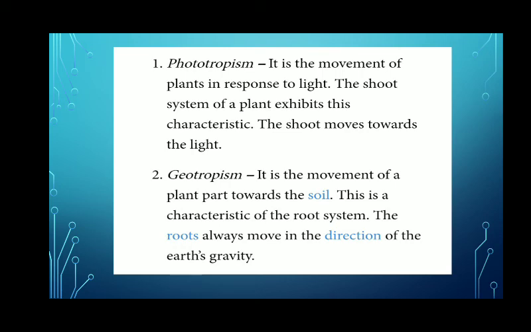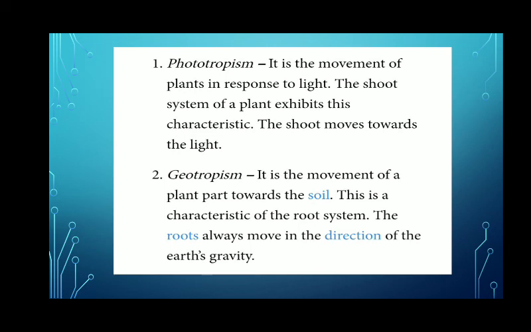Second is geotropism. In geotropism, the stimulus is gravity. Thus we can say the response of a plant part to gravity is geotropism. If any part of the plant moves towards gravity, then it is called positively geotropic.